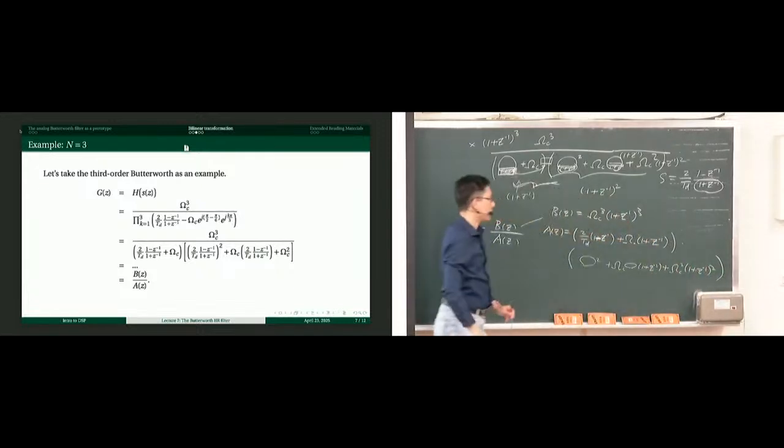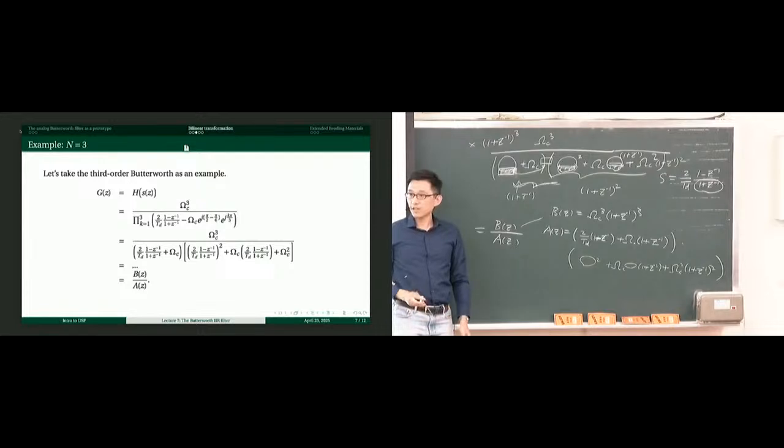So that's A of z. Are we happy? Yes or no? I said this is pretty tedious. That's why we need MATLAB or Python or any library, okay? But theoretically, you can just complete this calculation.